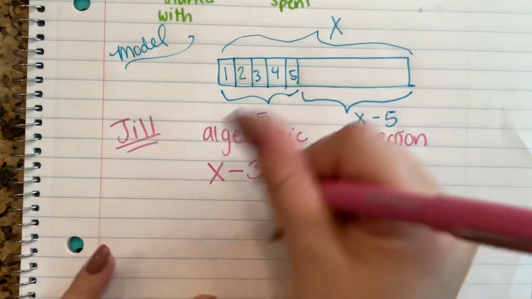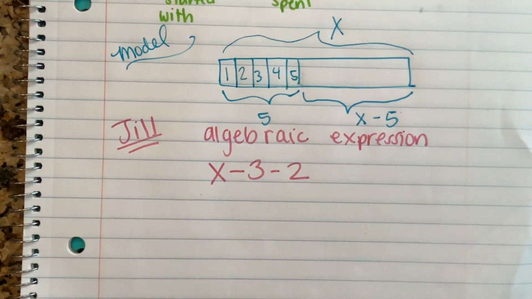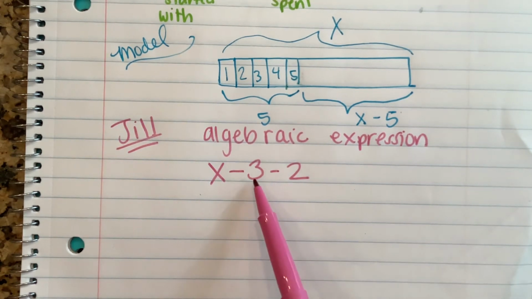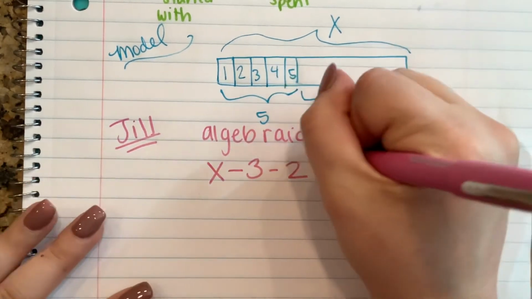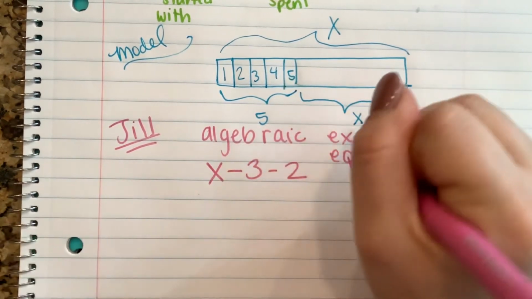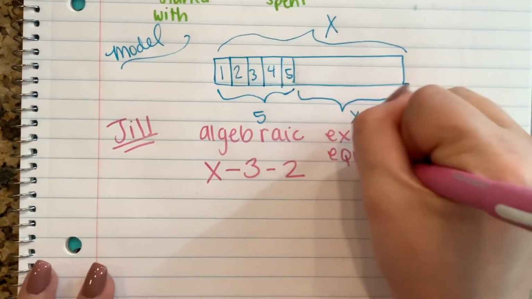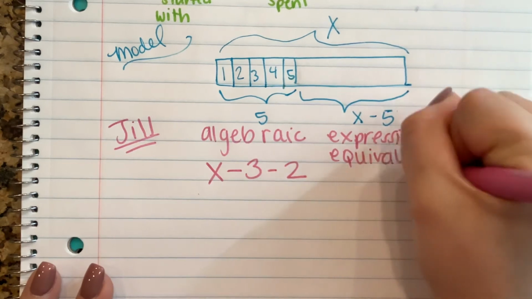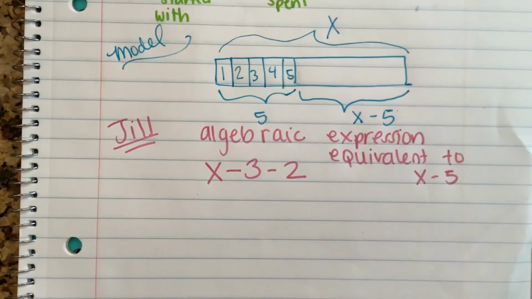And she spent $2 on a snack. So far I have x minus 3 minus 2. If I combine my minus 3 and my minus 2, they both have minus signs in front of them. That is equivalent to x minus 5. So let's keep that in mind.